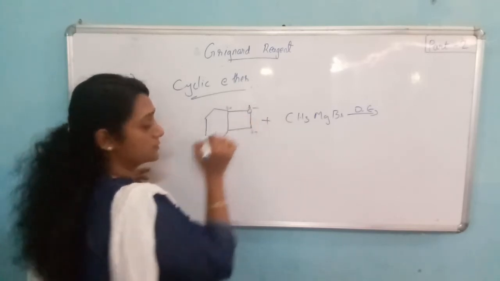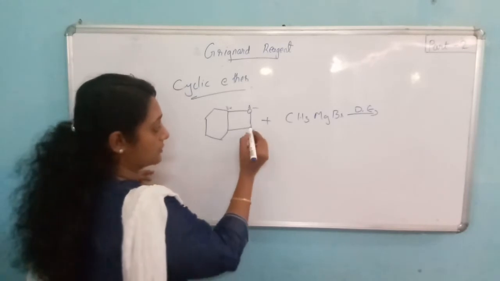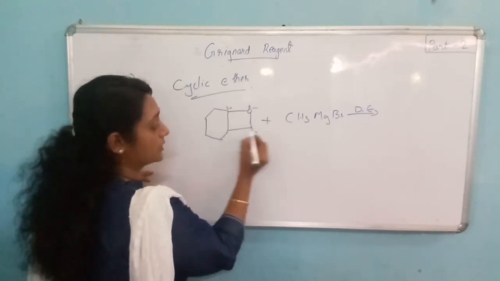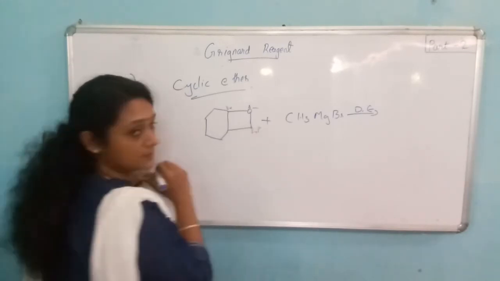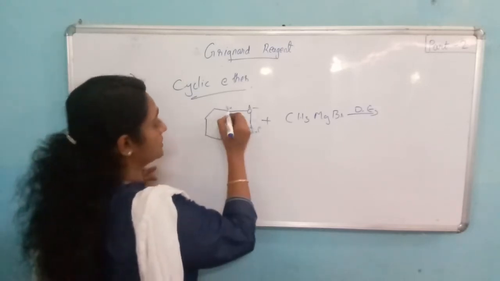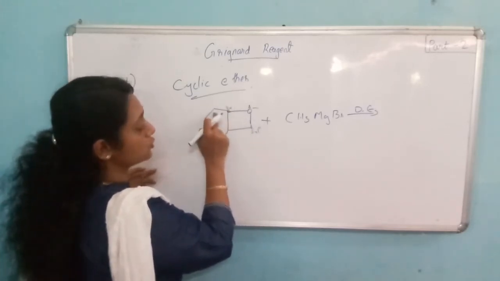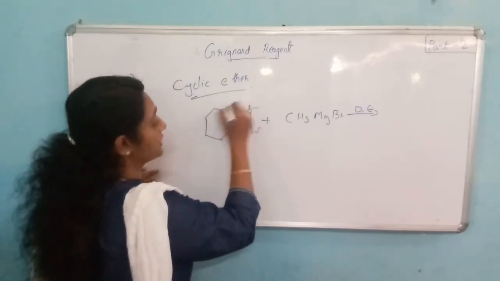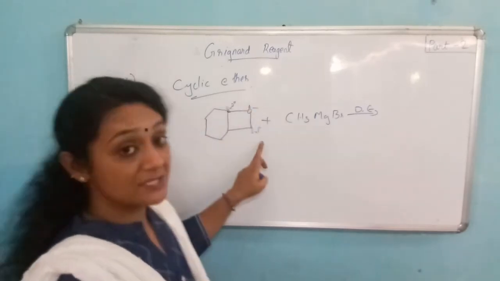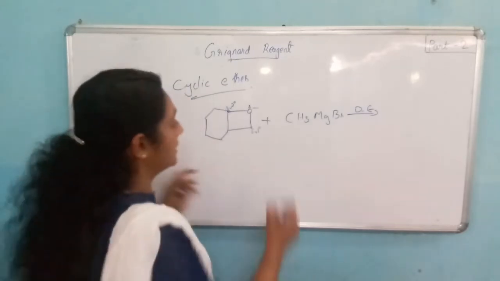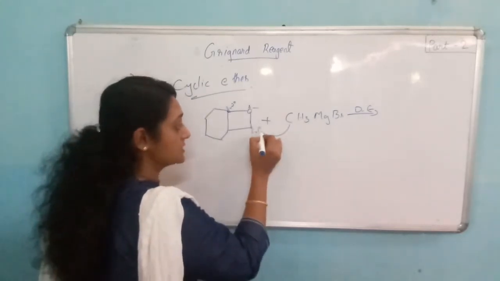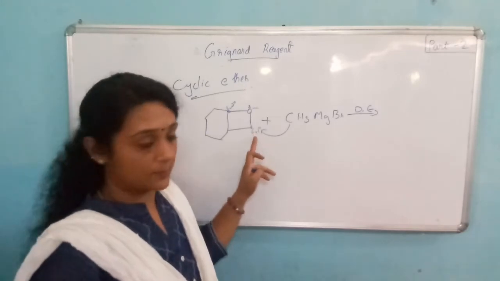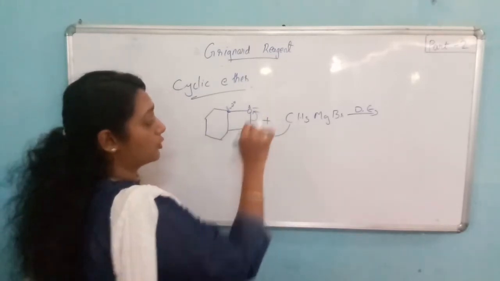This carbon is attached to only one carbon atom, therefore it is a primary carbon, and this carbon is attached to two other carbons, therefore it is a secondary carbon. The primary one is less hindered, and therefore CH3 minus comes and attacks on this carbon and the bond shifts to oxygen.